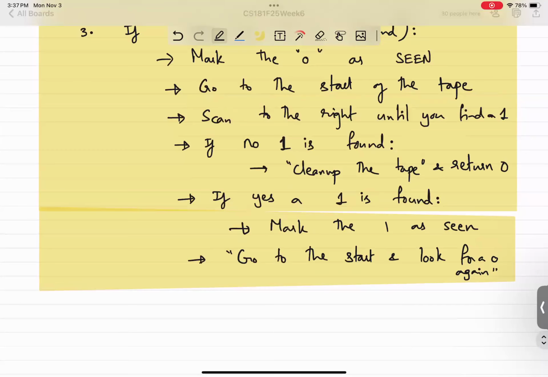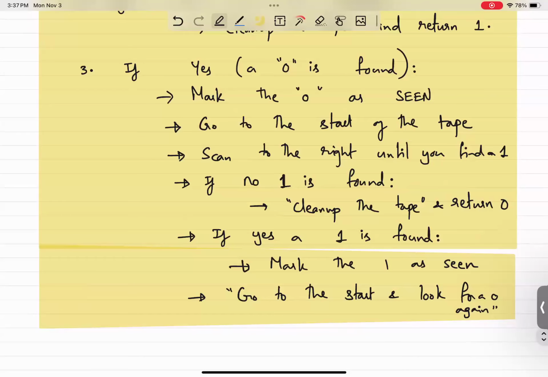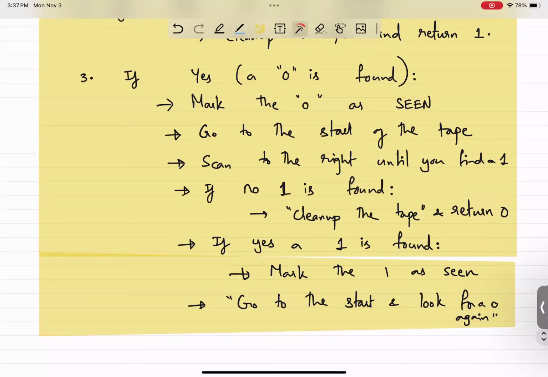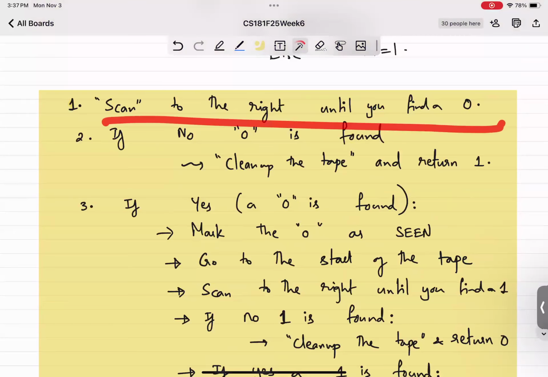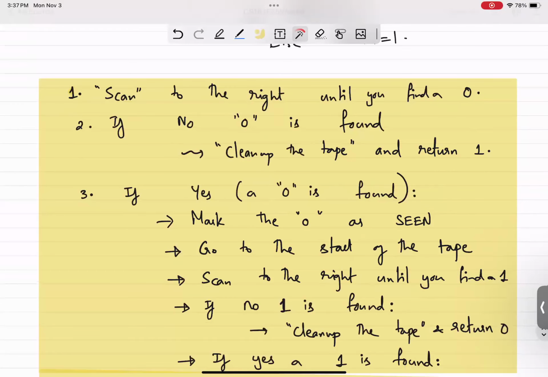Even at this level of detail, there are many steps, but this is still very far from what you can do on a Turing machine. Because what does it mean when I say scan to the right until you find a 0? A Turing machine can only move one step at a time. That's something we have to explain.